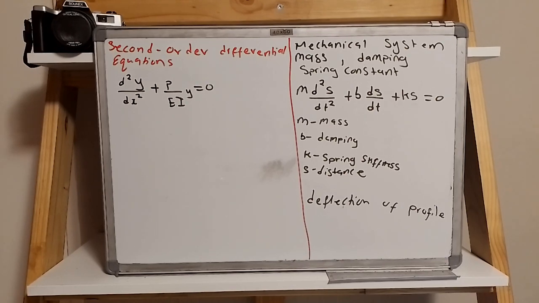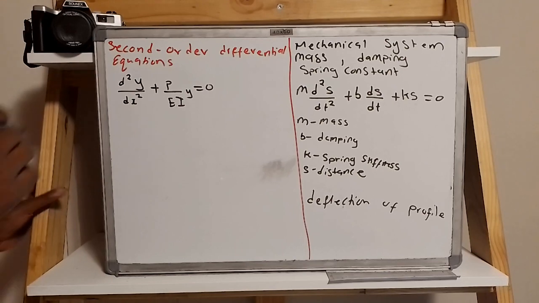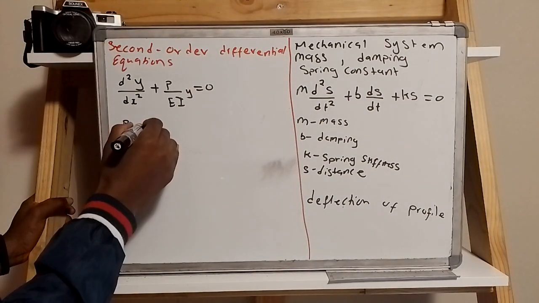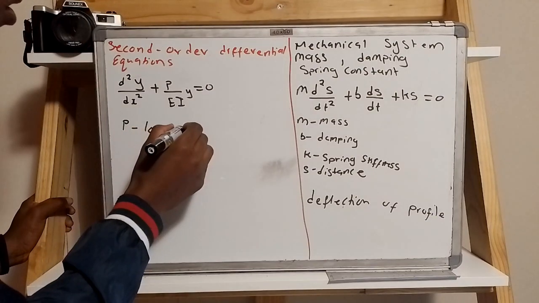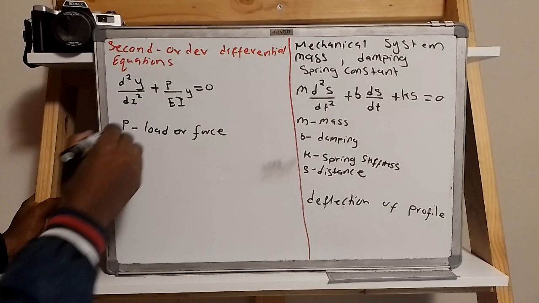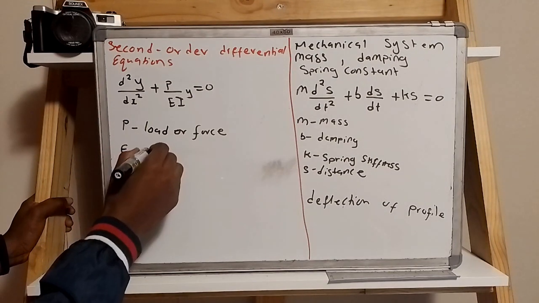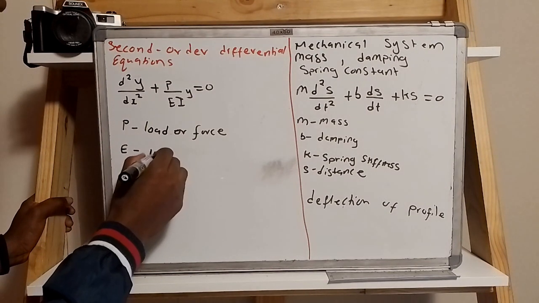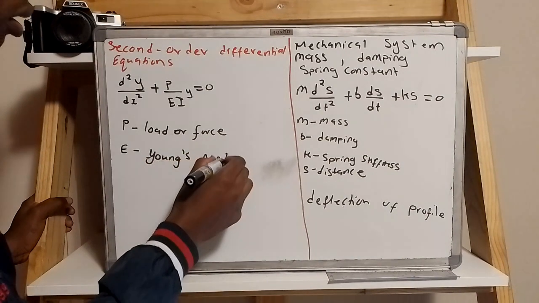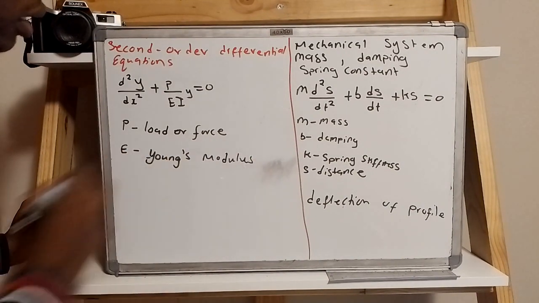Right? So, now, let's try to name these things. P represents the load or the force. Right? E, we all know E, it's Mr. Young's modulus. Right?